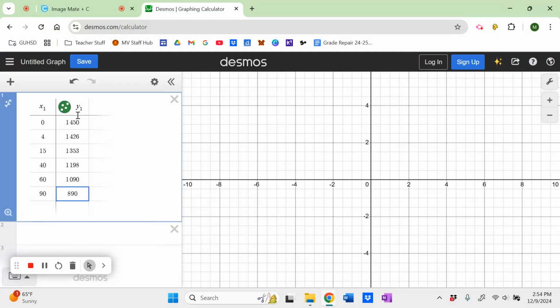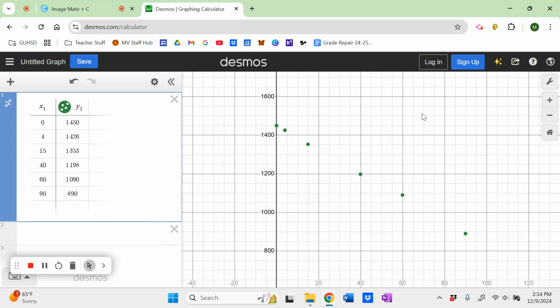Okay, perfect. So I've typed in all my points from my table on my note packet. I'm going to press the little plus sign, and now it's zoomed in. Then I'm going to type in my equation. Remember, the equation is in your note packet.